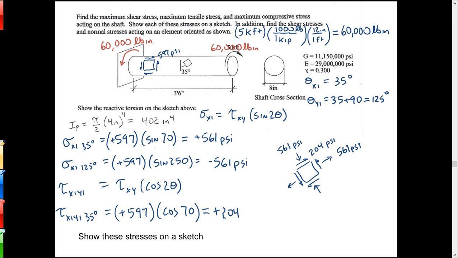No surprise there, as far as which direction they go. Doing all right with that?